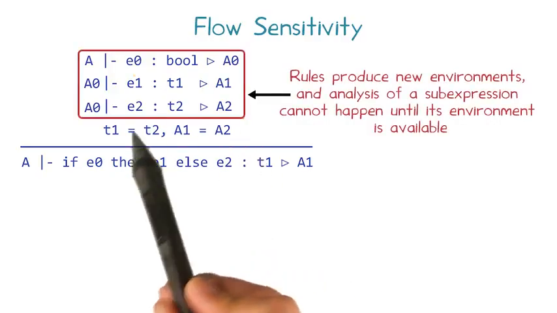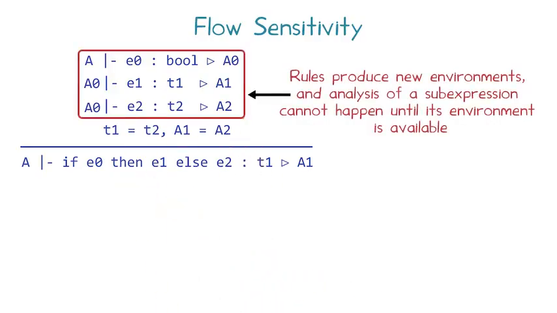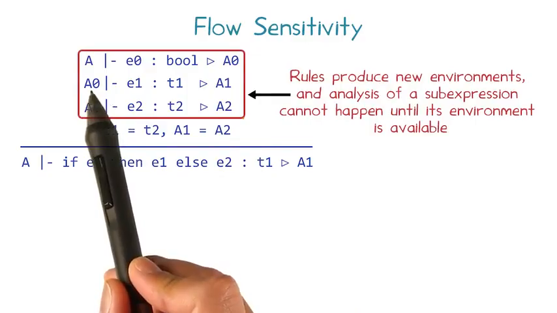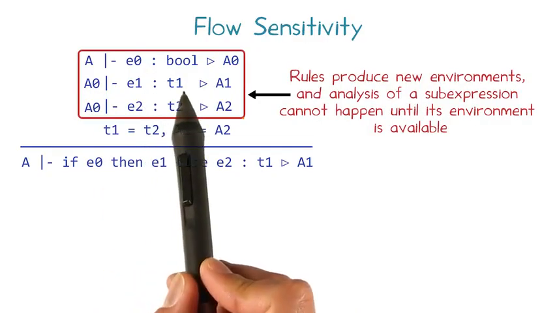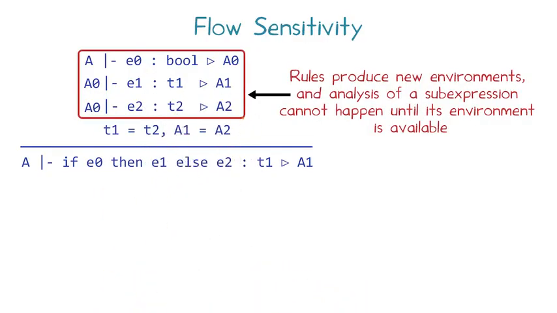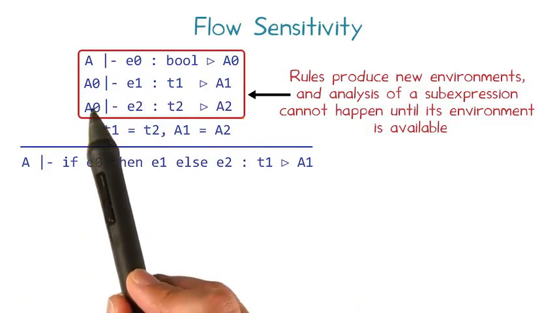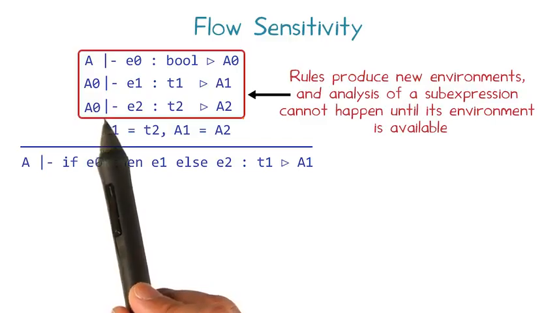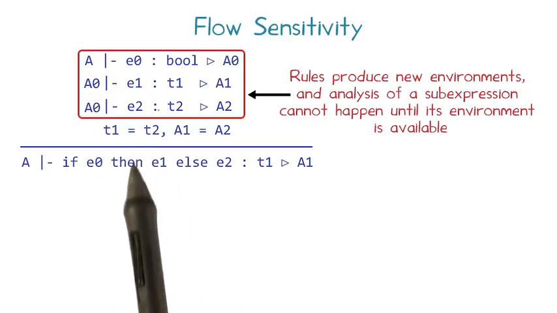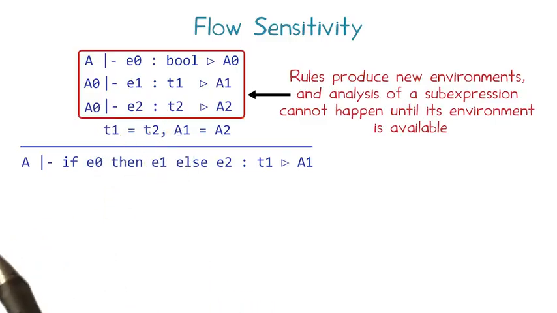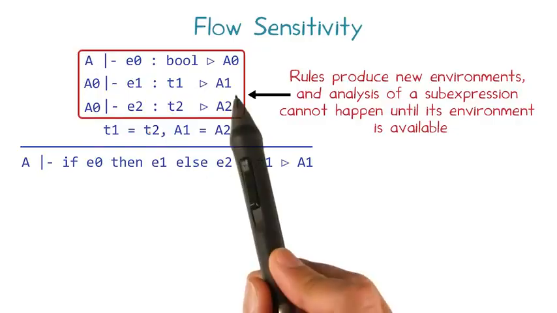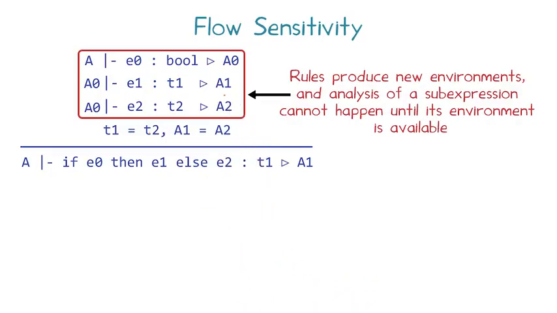In the if-then-else schema example, we would start by proving that under environment A, E0 is a Boolean and then output a new environment A0. This environment then flows into the analysis of both the statement that E1 is of type T1 and that E2 is of type T2, each of which produce their own output environments A1 and A2.